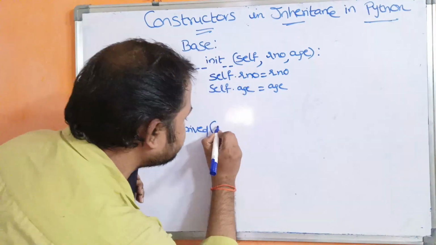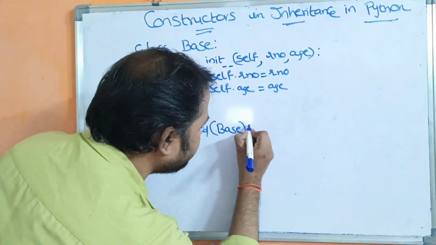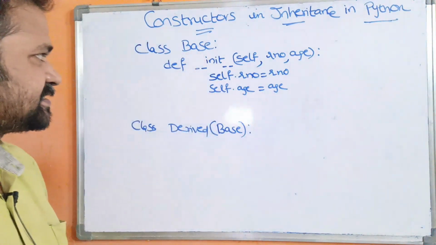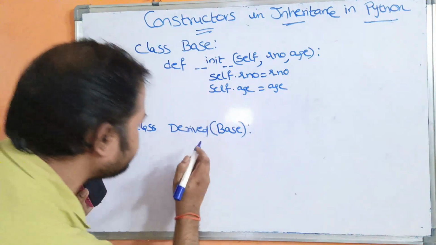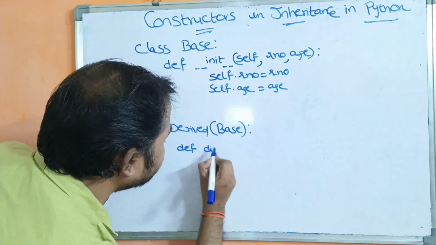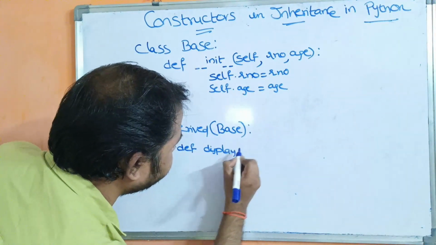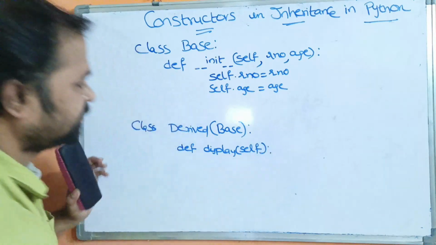The name of the base class is Base, so we pass that within the parentheses. Now let us define a method. Initially, don't define any constructor here. Let the name of the method be display, and we must pass self as the parameter.